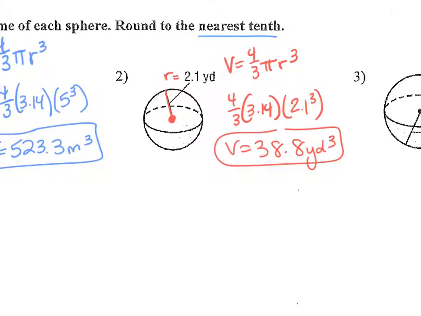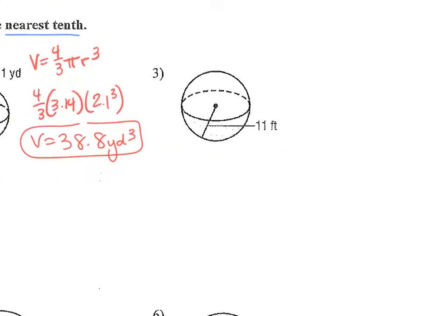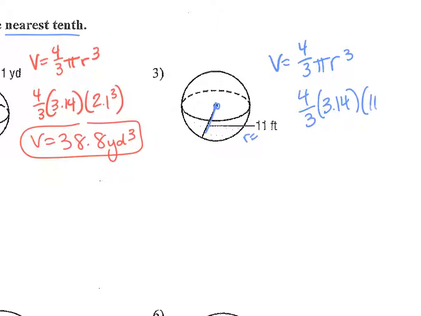Number 3, same thing, guys. You probably can do this on your own by this point. Write your formula down, though. Please, please, please. So pi is 3.14. Radius, they gave us the radius. 11 cubed.